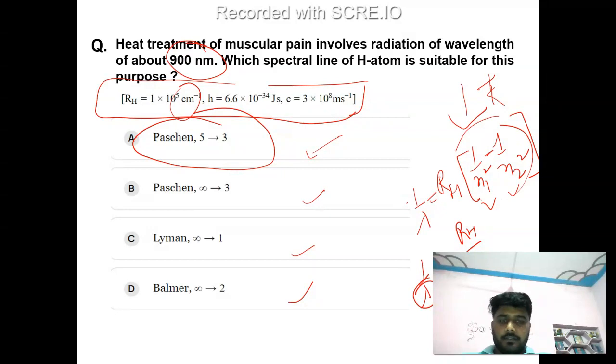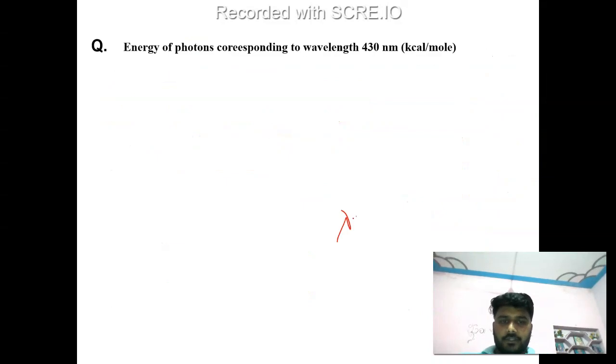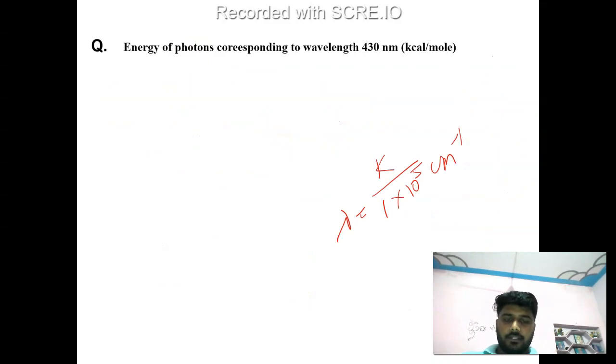So lambda is equal to k by RH, and the value is given here, 1 into 10 to the power 5 centimeter inverse. If I take it here, that will be k into centimeter divided by 1 into 10 raised to 5.